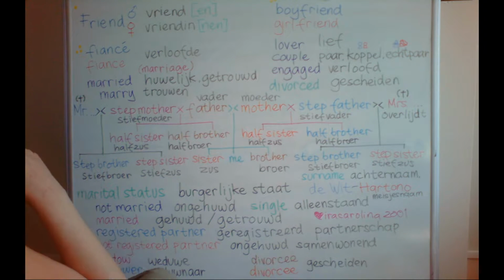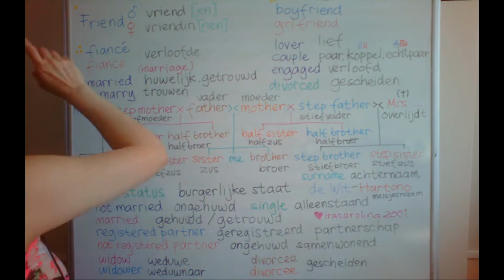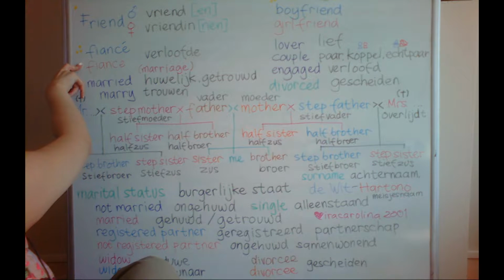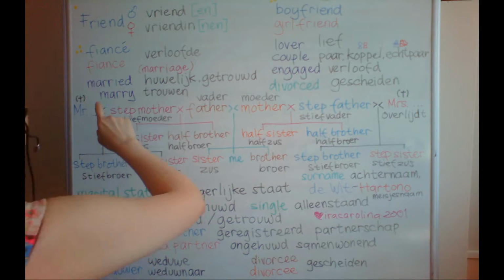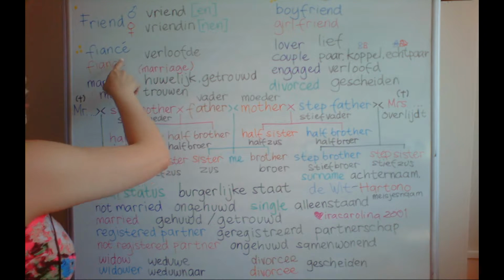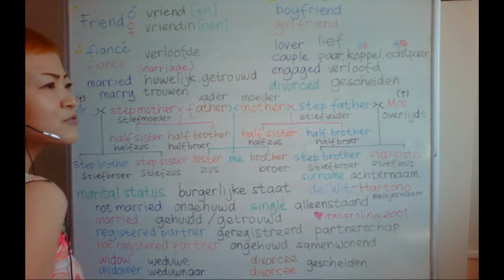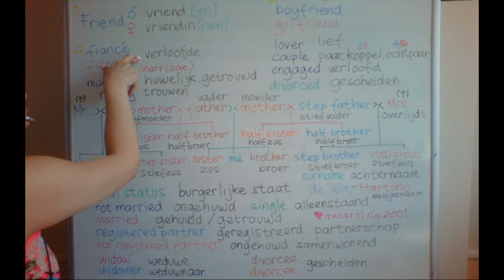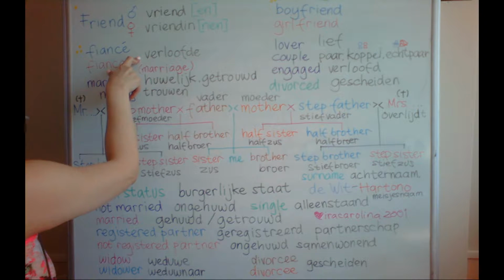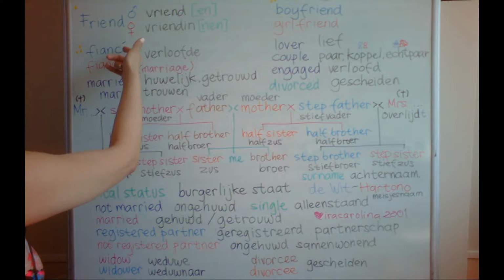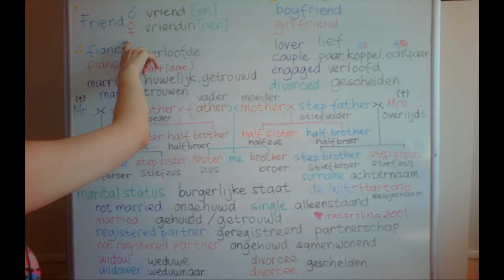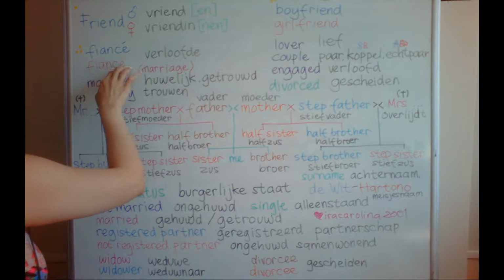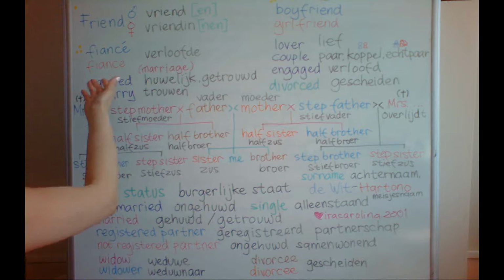Okay, we will continue with this one. Fiancé. How to pronounce this? Fiancé. The male and the female use the same word, verloofde. In English, we use different words, right? Fiancé with the accent on the E, and then they have this one for the female one, fiancée.